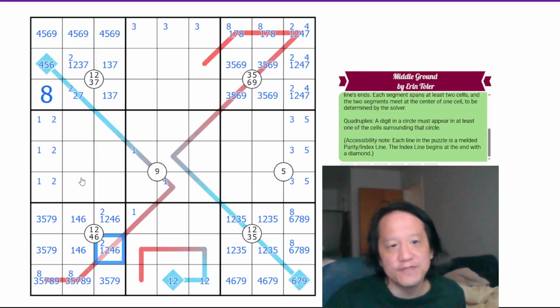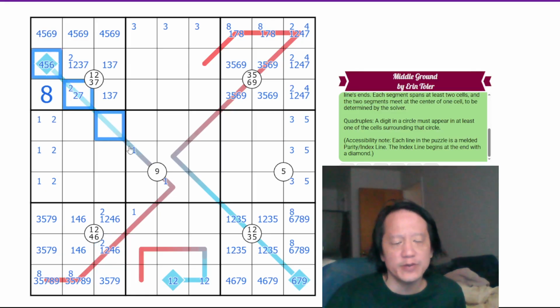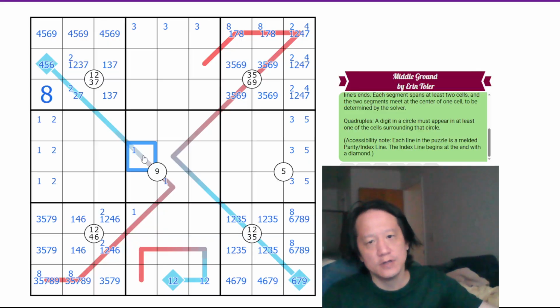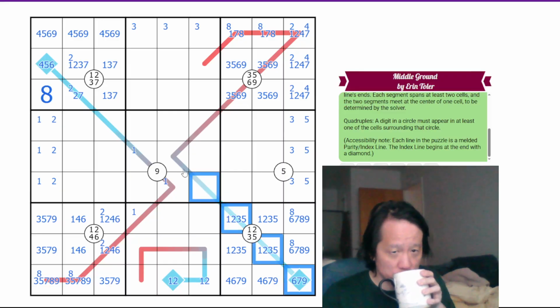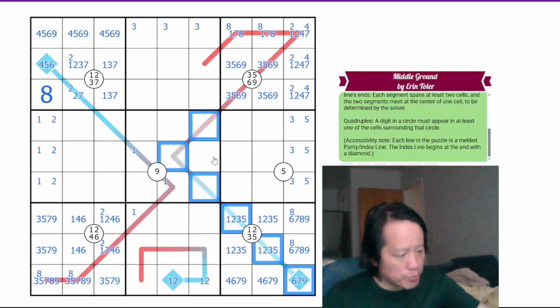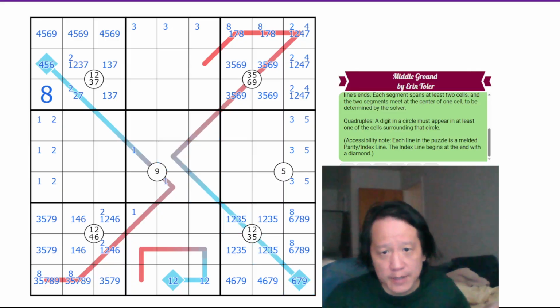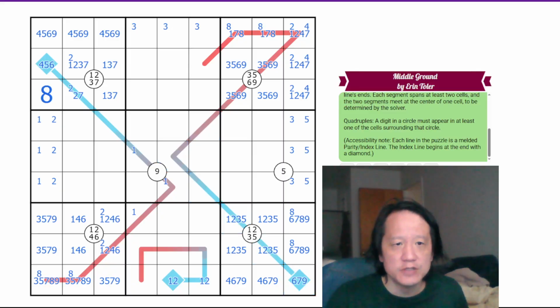So at least 4 of these cells have to be index lines because this references at least a fourth cell. This must be at least 6. So let's color in the ones that we... Actually, let's do it this way.